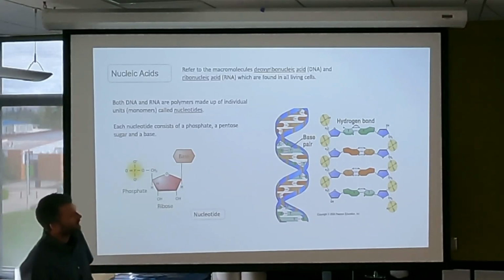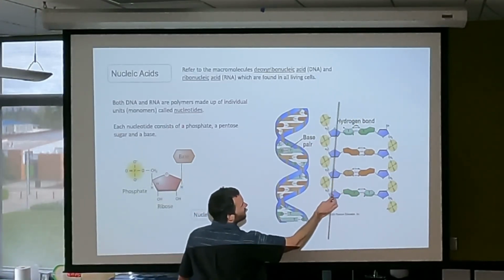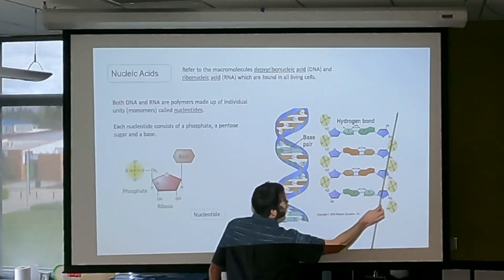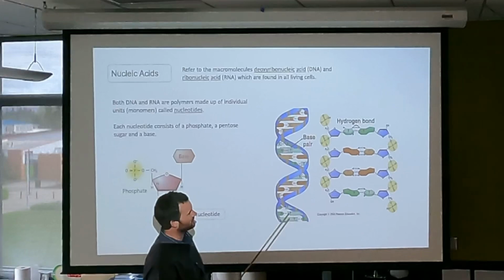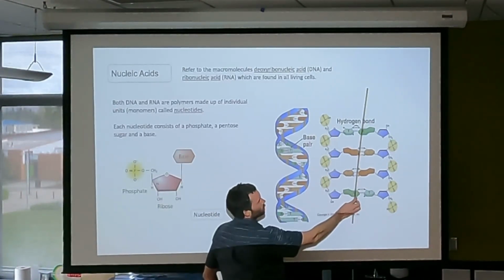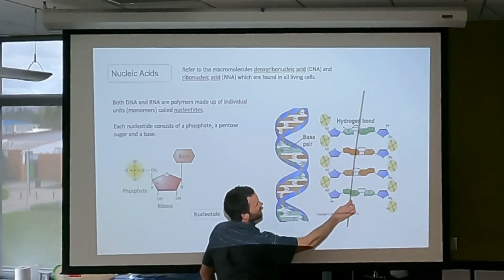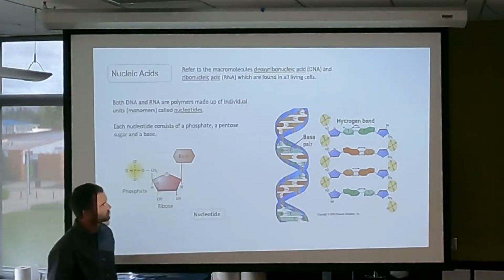Again, just to reiterate, this is a single strand of DNA over here, and this is a single strand of DNA over here. And they're going to link together to form this double-stranded DNA, but when we're talking about a polymer, we're talking about the individual strands of DNA. So this single strand of DNA is a polymer, and it's made up of individual nucleotides.